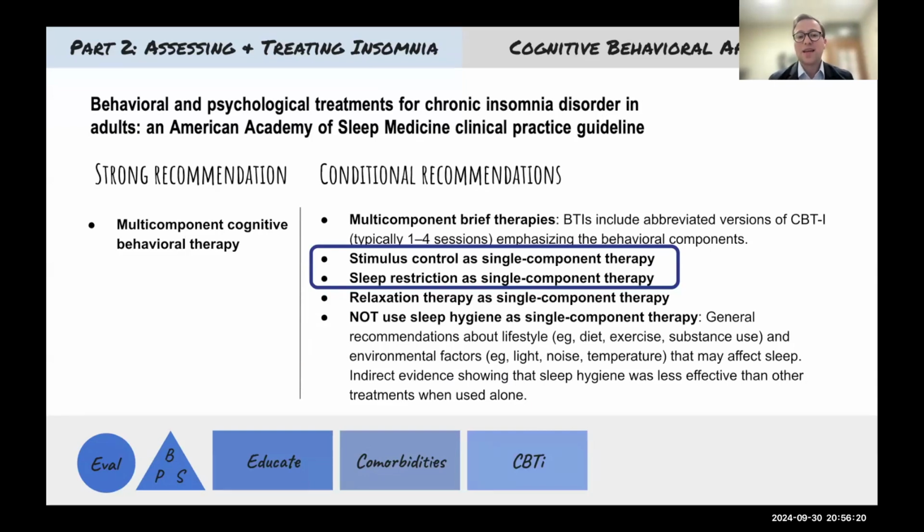And this is reflected in the American Academy of Sleep Medicine clinical practice guidelines for chronic insomnia, where there's a very strong recommendation for multi-component cognitive behavioral therapy and a conditional recommendation for stimulus control alone and also sleep restriction alone. And these 2 factors and modules can be modified for the hospital environment.